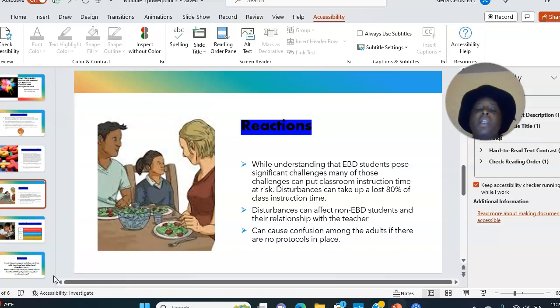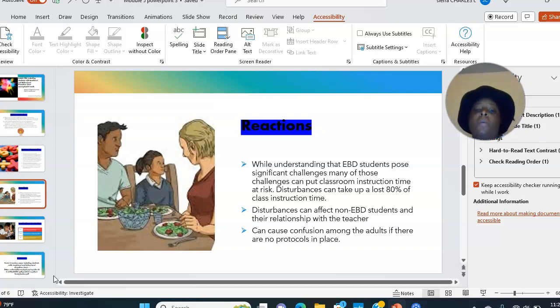So we did have a student that was like that. They did have to wear headphones, which is another important tool to have, tools that will help students with behavioral issues, because a lot of times it is sensory that is triggering that behavior. So certain tools like headphones can help.